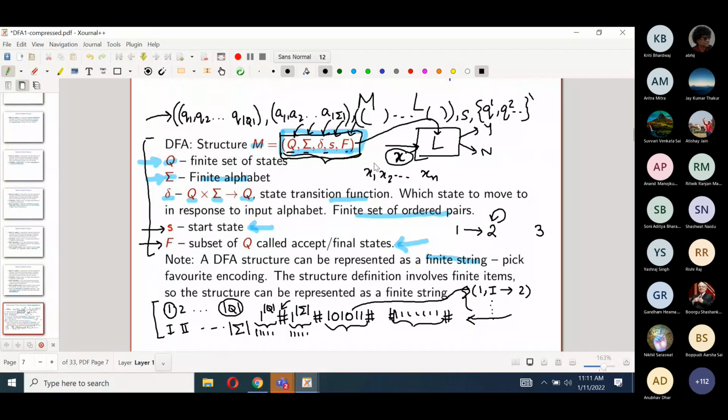In the first time step, it reads x1 and then does some transition depending on where it is state-wise. Then it goes to the next symbol. In the next time step, it reads the next symbol, does the next transition, and so on. So in the transition function, you only need the current state and the current symbol that the machine is reading.